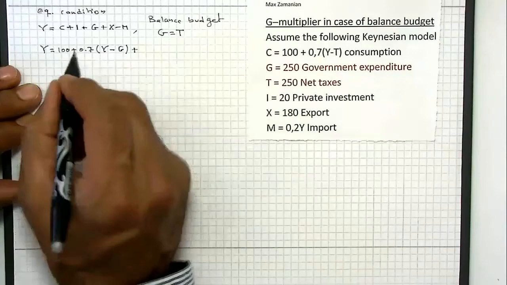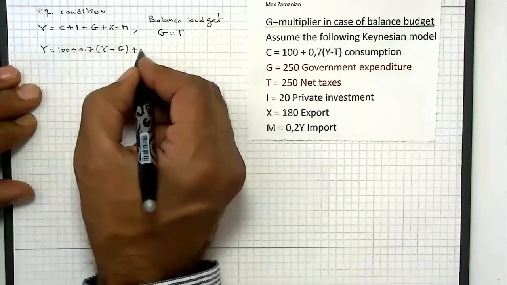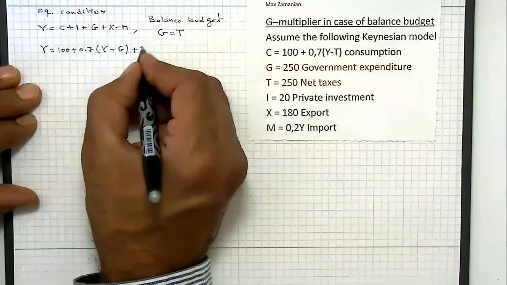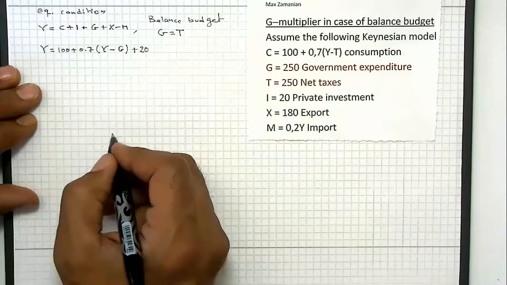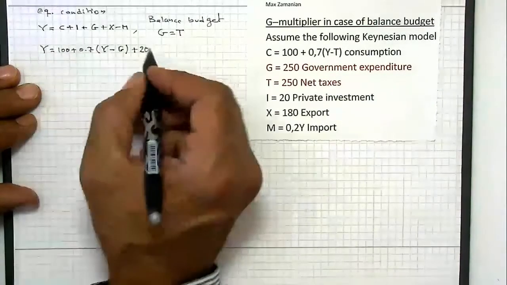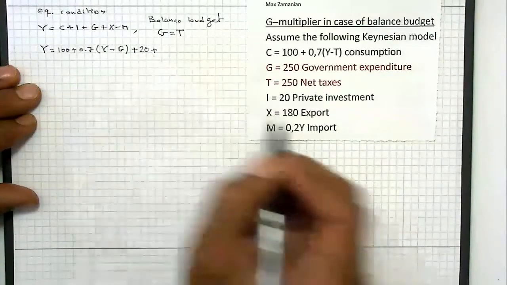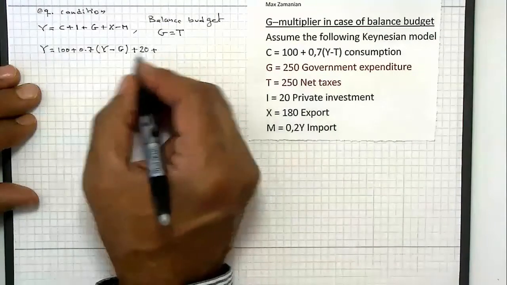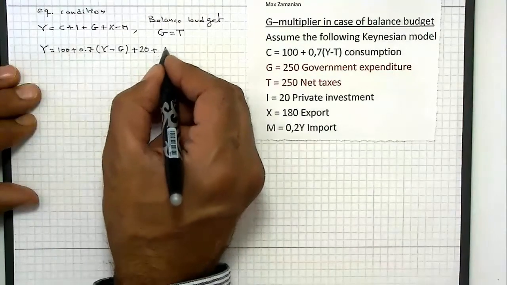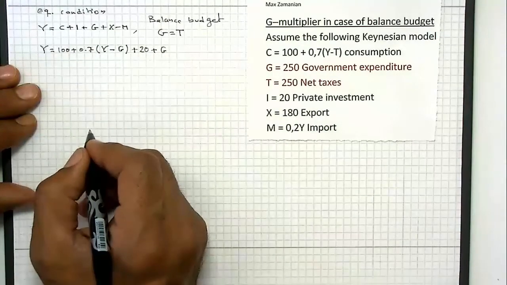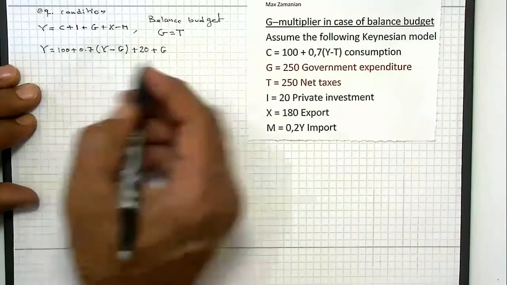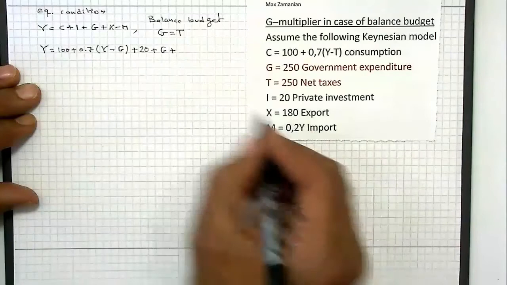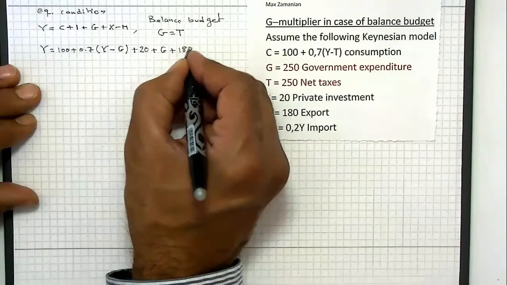The next item here is investment. You could put the number here, 20. And then it is G. You don't replace it with a number because we want it as a function, so you put G here. And then next is X, which is export. We have here 180.